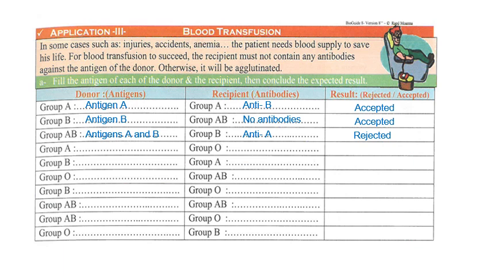The blood group A, the antigen is antigen A. Blood group O, the antibodies are A and B, and the result is rejected. There is anti-A and antigen A. Blood group B, the antigen is B. Group A, the antibody is anti-B, and the result is also rejected. And we continue the others in the same way.